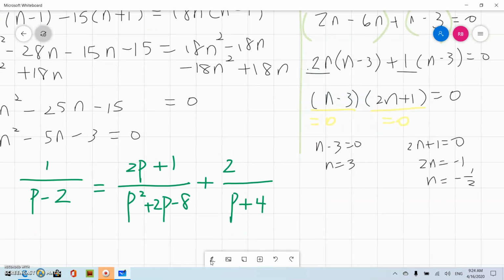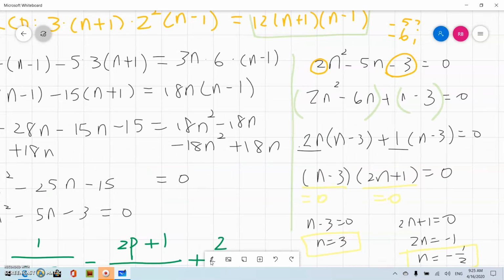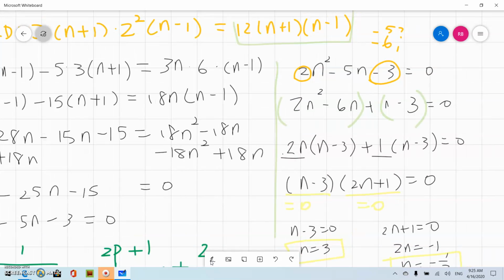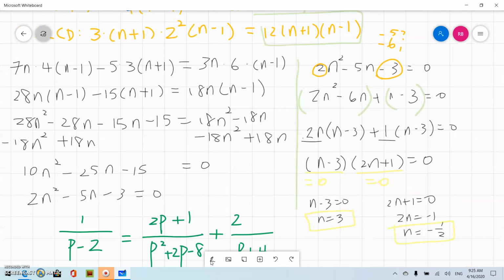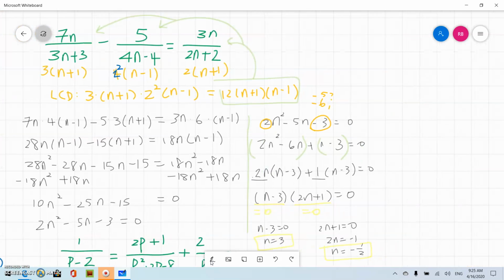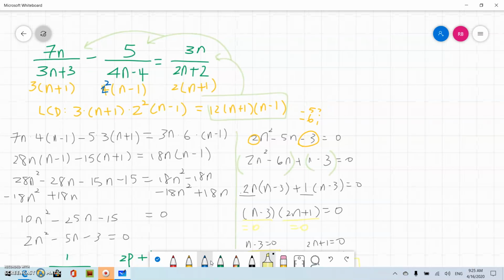I know you're thinking this is such a long problem and we still need to check these two answers. And you're right. So we will do that, okay? We'll do it together. Let's check n equal 3 first. And please feel free to use a calculator when you're checking, okay? 7 times 3 is 21, 9 plus 3 minus 5, 12 minus 4, equals 9 over 6 plus 2.